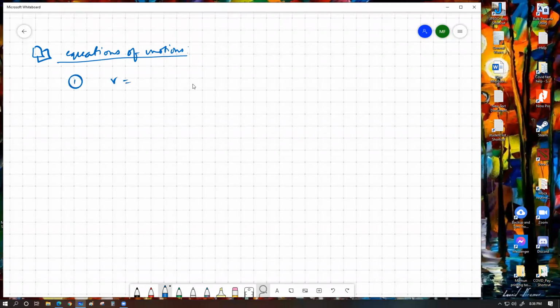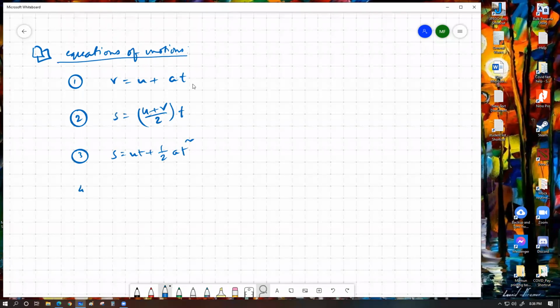The first one is v equals u plus a t. The second one is s equals u plus v divided by 2 into t. The third one is s equals u t plus half a t squared. And the fourth one is v squared equals u squared plus 2 a s.